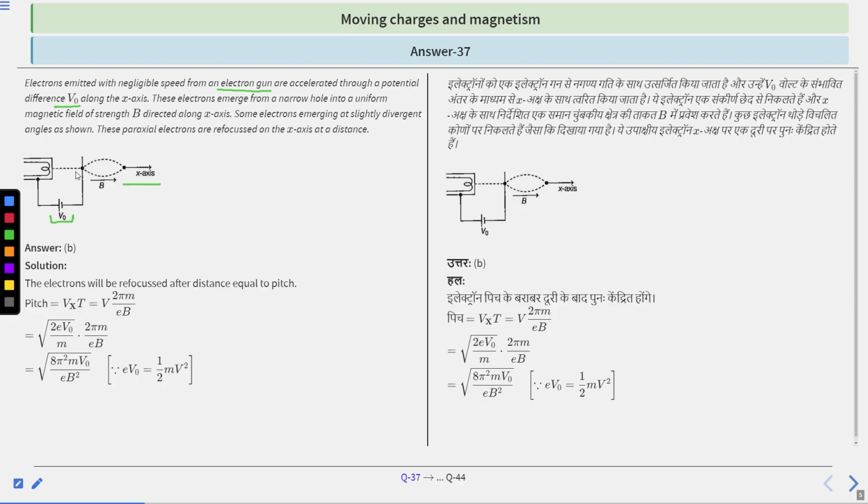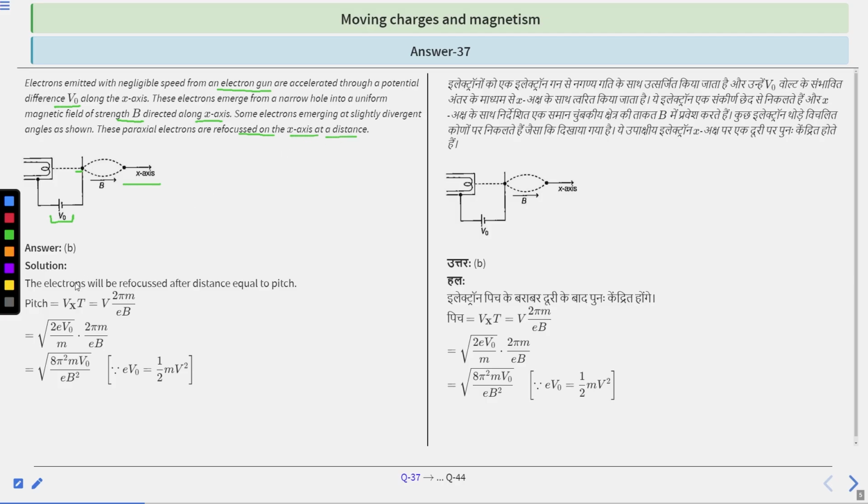The given magnetic field strength is B, directed along the x-axis, and some electrons have slightly divergent angles. So we have to find at what distance they are refocused on the x-axis.